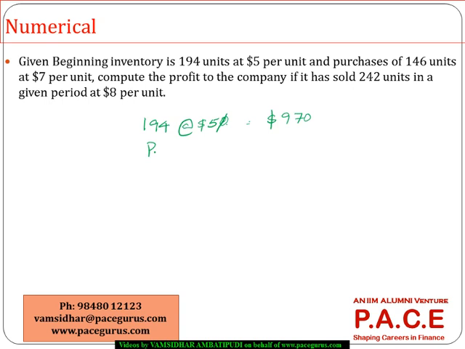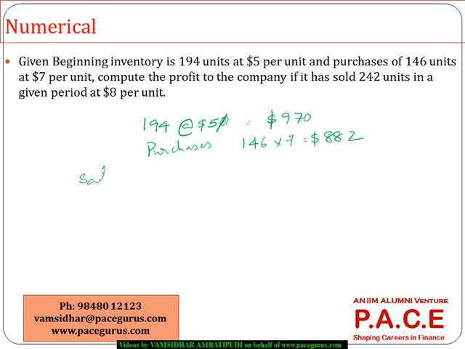So purchases during the year: 146 units at $7 per unit, $882. Alright, compute the profit to the company if it has sold.